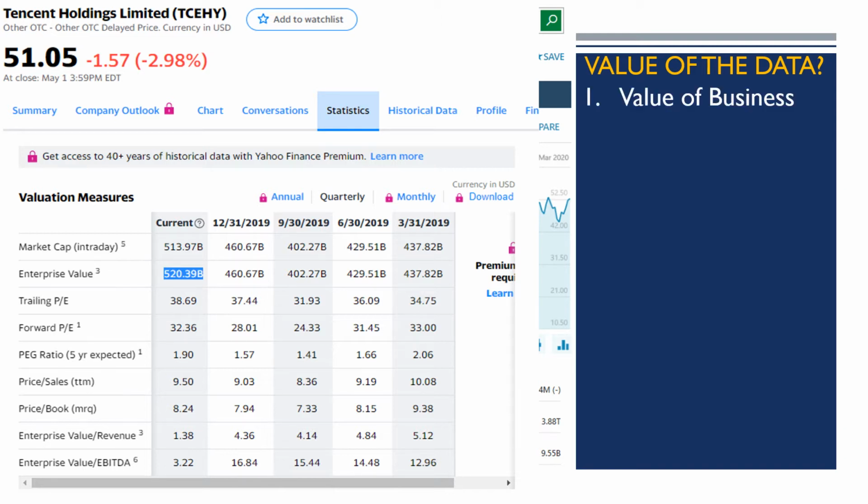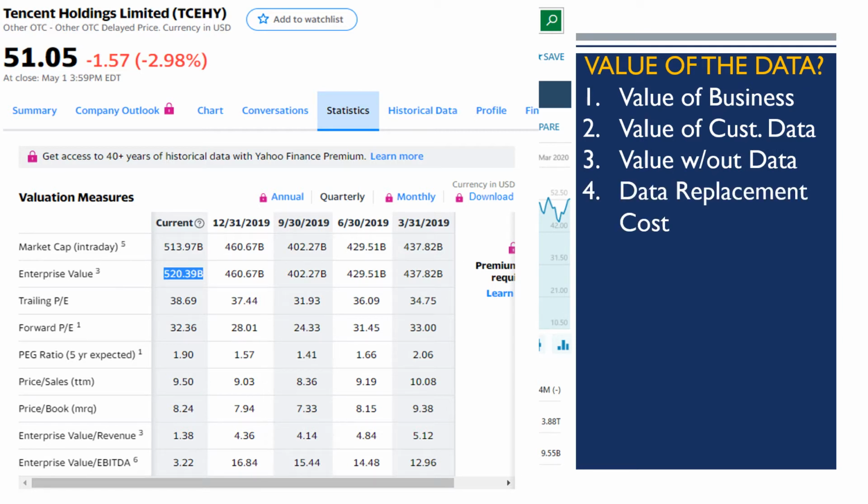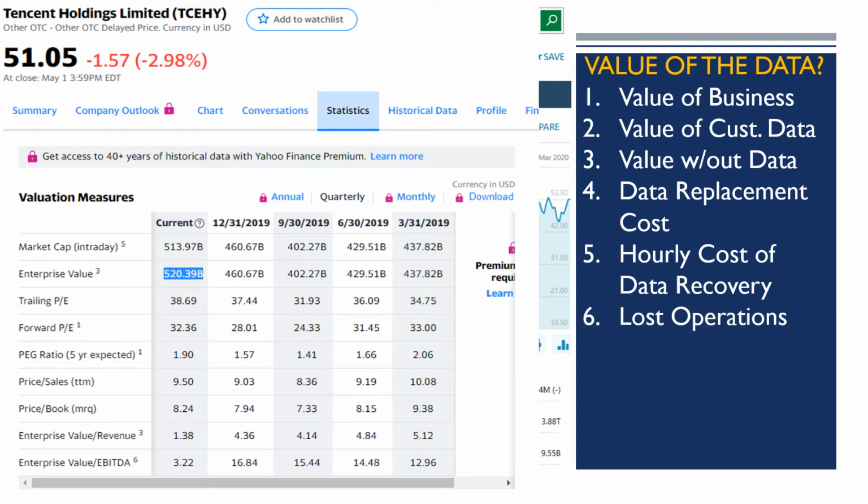The first being, what is the total financial worth of the company, the value of the business, the value of the customer data, determine the company value without that data, what is the cost associated with replacing this company data, what does the hourly cost of that data recovery process look like, and of course lost operations, such as employees can't perform their regular duties because of a data loss. What does that cost look like, or employees that are now idle or temporarily laid off.